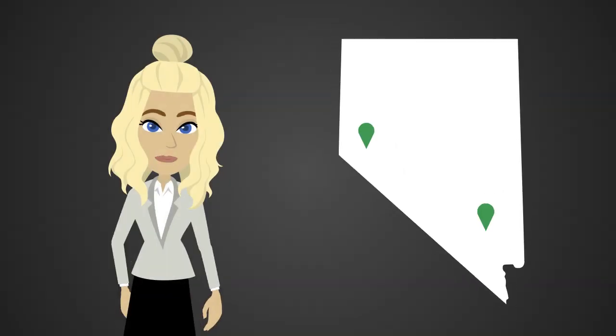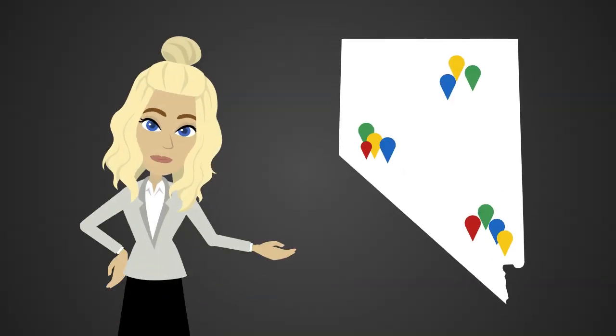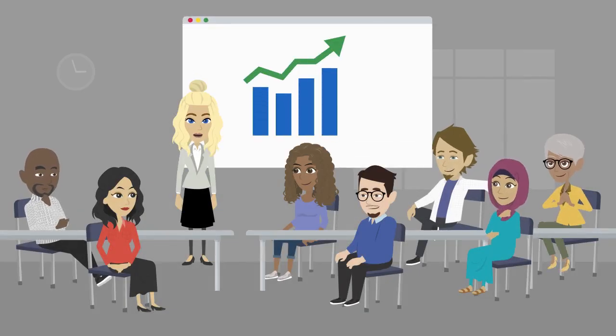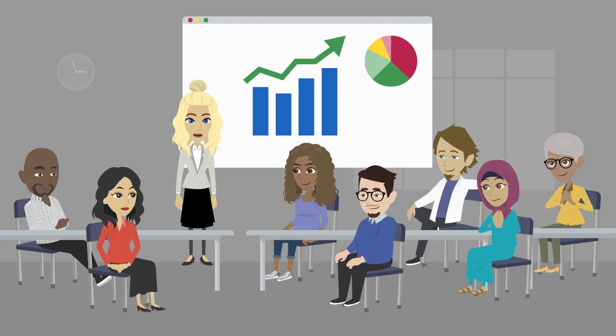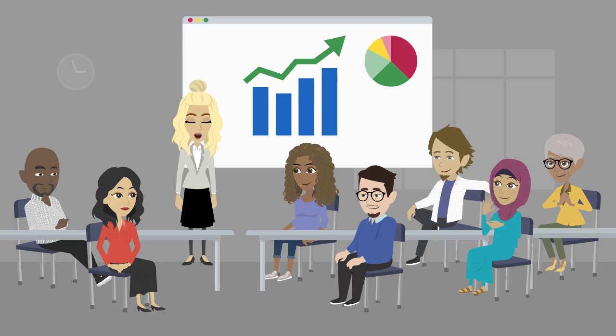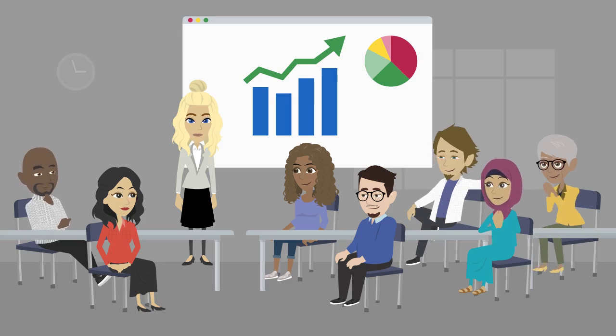In Nevada, SGPs are a key part of the state's education accountability system. They help educators and policymakers understand how well schools are supporting student growth. Educators use SGP data to identify strengths and areas for improvement. For instance, a school might notice that students in a particular grade are showing lower growth and can then investigate and address potential issues.